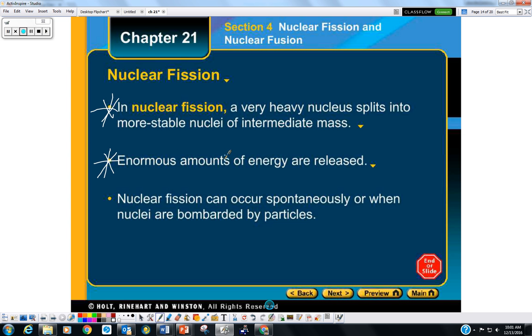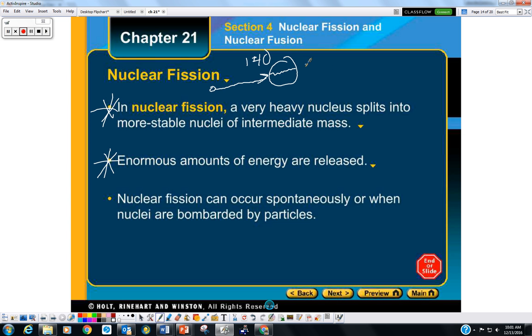I don't want to give you a real-world example, but let's just say that we have a nucleus that has a mass of 140, and something strikes it, like a neutron traveling at high speed, and that causes a fracture in the nucleus.